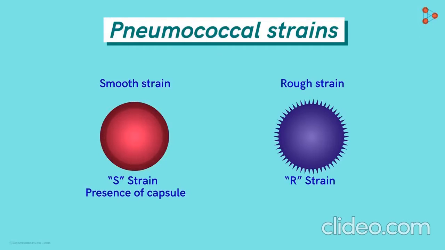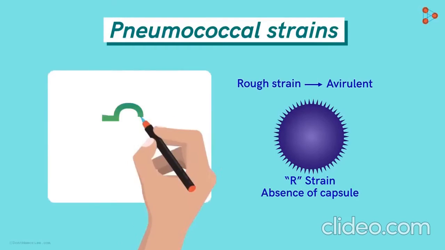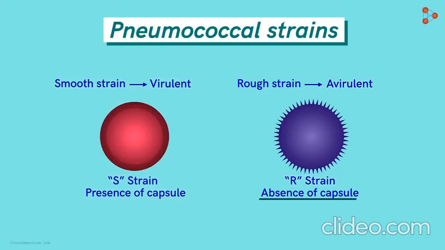It's the capsule around the cell wall which protects it from various threats. The presence of this capsule makes the strain virulent, or strongly infectious, to be precise. The absence of such a smooth coat makes the R strain avirulent, or non-infectious. Now you may ask, why is the R strain avirulent? It's the absence of the capsule which makes it susceptible to the immune cells of the host's body.